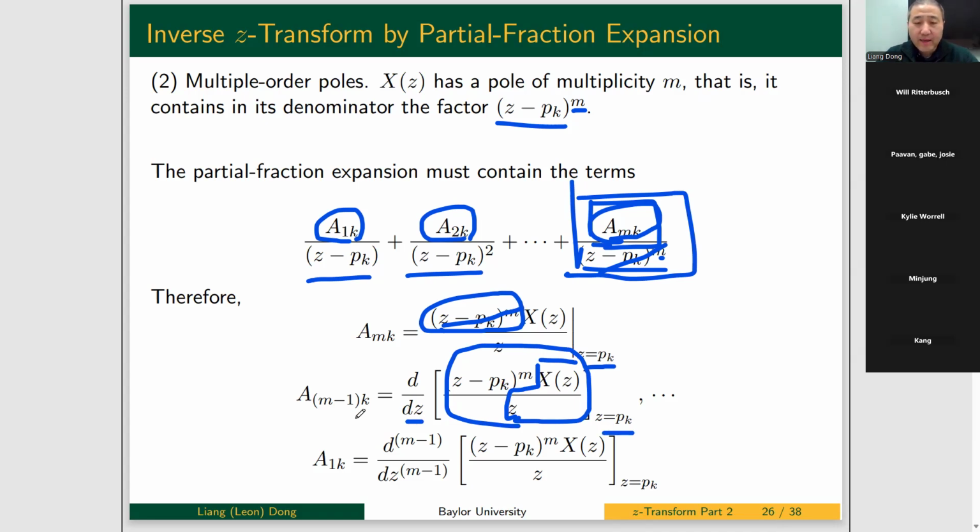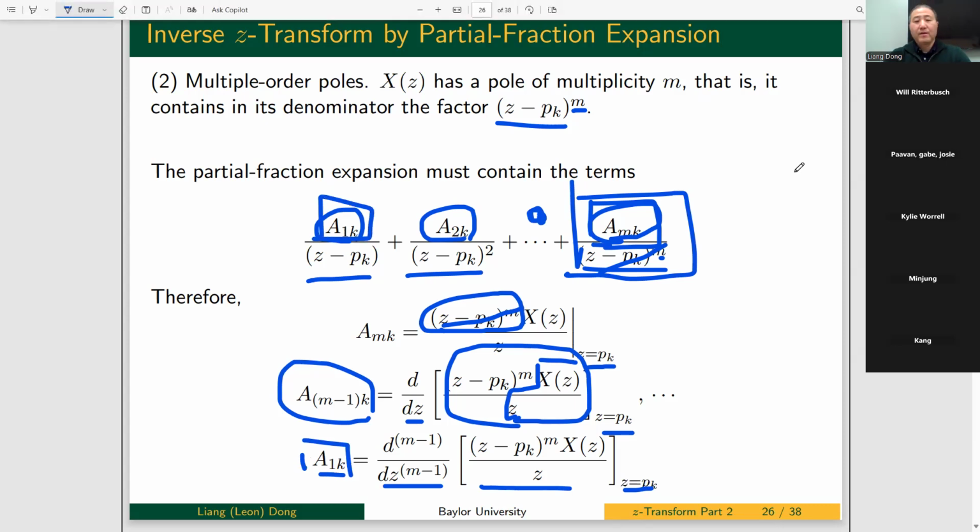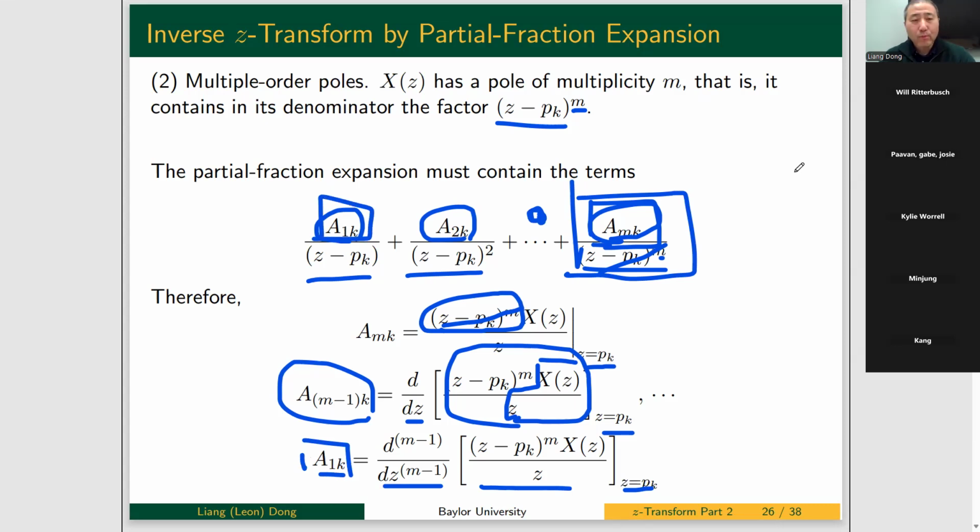What you get is the second to last coefficient, a sub m minus 1 k. Then you do a second derivative on z, all the way to the m minus 1th derivative on z, plug in z equal to p sub k, and you find the first coefficient, right here. So that is how we deal with multiple order poles. Later we will show some numerical examples to see how this method works.